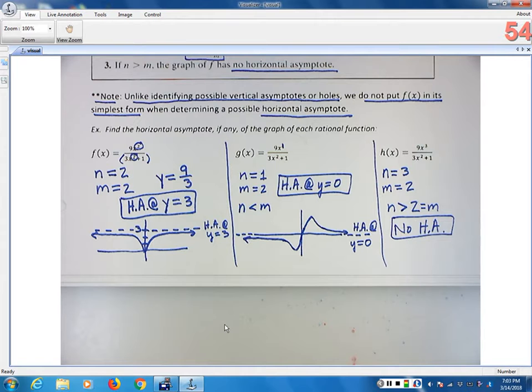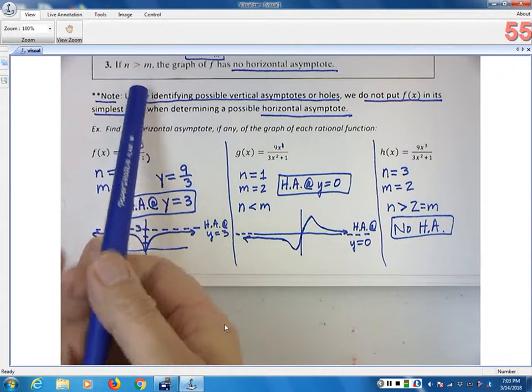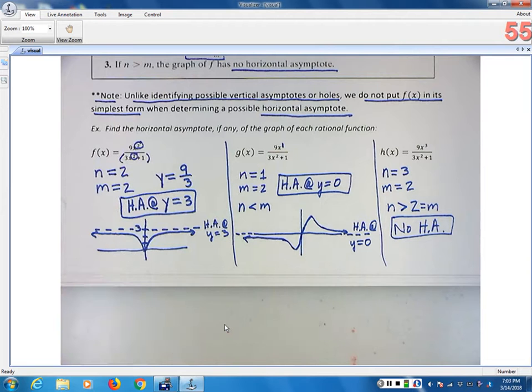In the direction, I say tell me if there's no horizontal asymptote. If there's none, write none or no HA. That's what you want to do, is always be clear. N is greater than M. So you're just following these rules. As long as you know how to find the degree of the numerator and denominator, you're fine. And follow the rules. Makes sense? Okay.